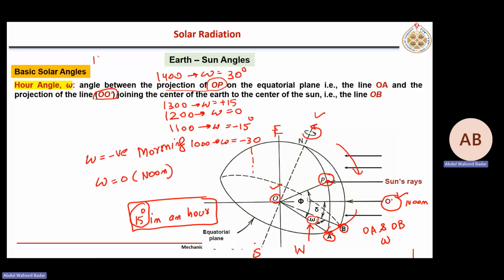At 2:30 p.m., omega will be 30 plus 7.5, so it will be 37.5 at 1430, and so on. So the afternoon hours are taken as positive, morning hours are taken as negative. That is our hour angle, right?